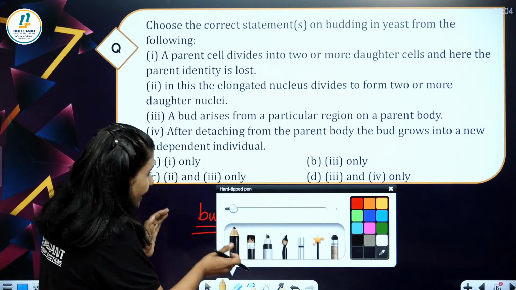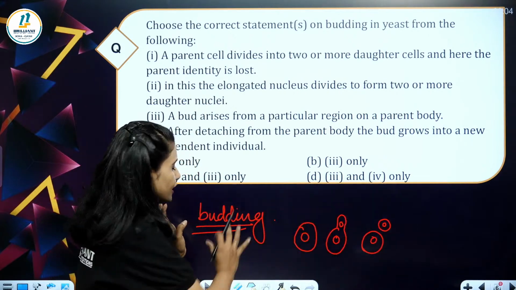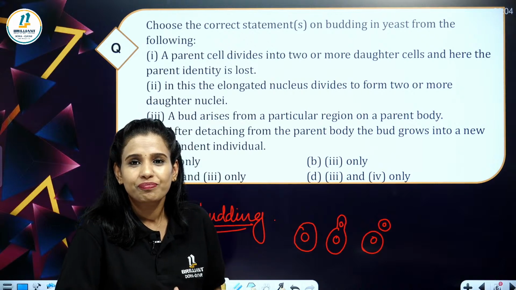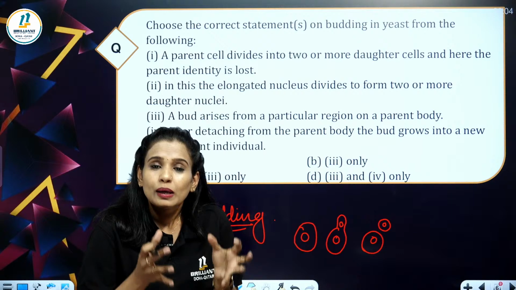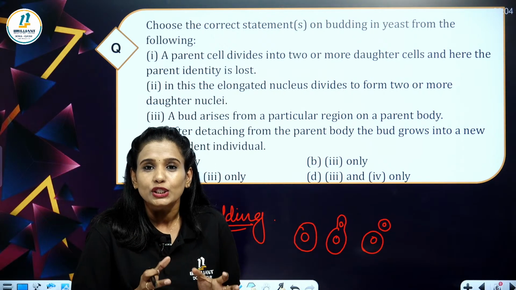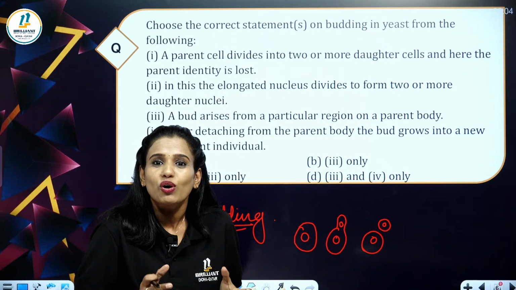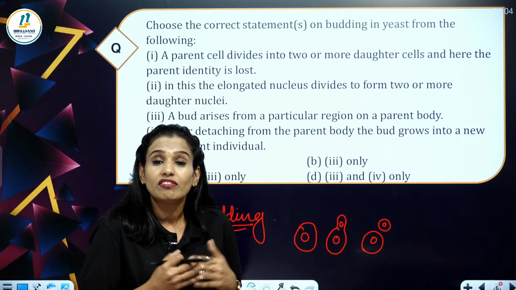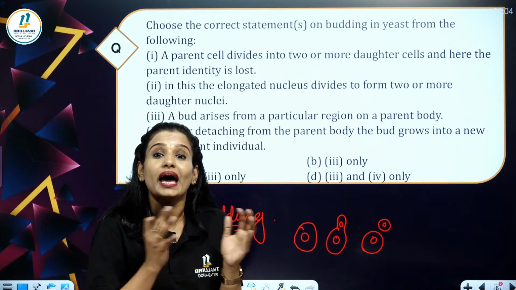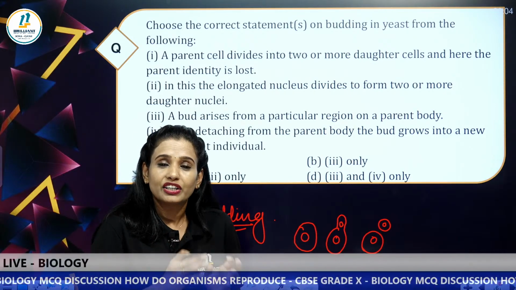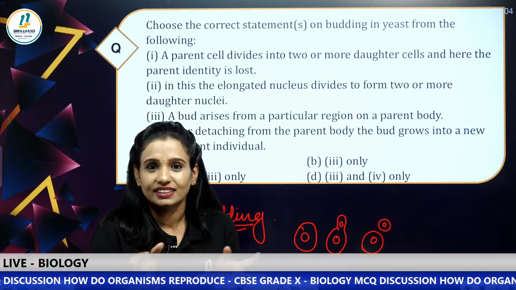Is that correct in the case of budding? No, it is fission, right? When the parent cell divides into daughter cells, it is called fission. We have learned about binary fission and multiple fission, where the parent organism divides into daughter cells.